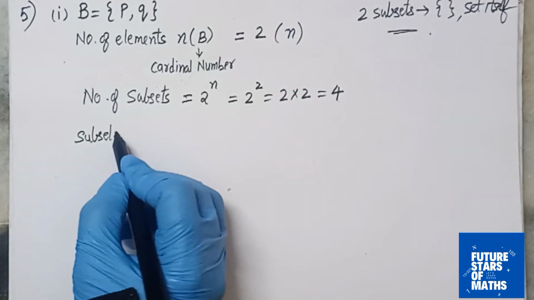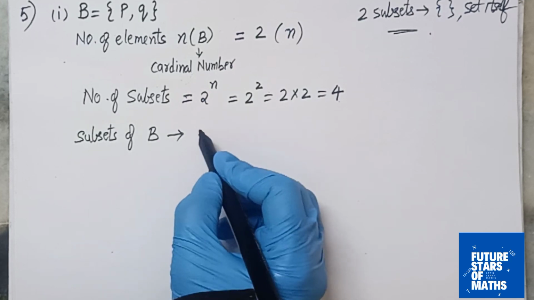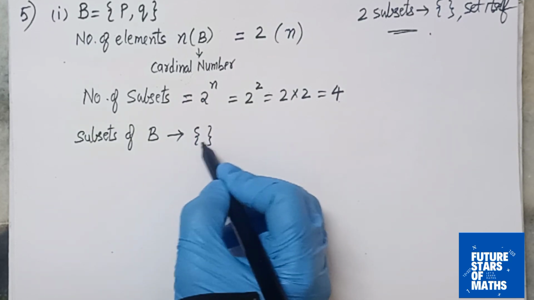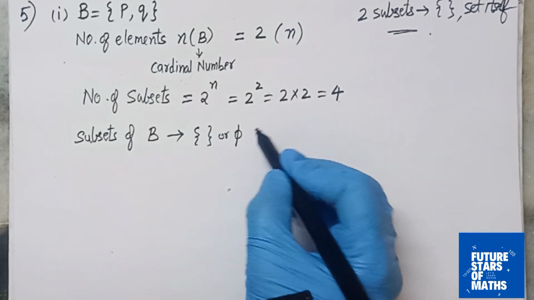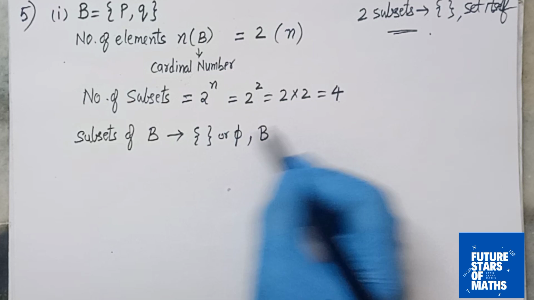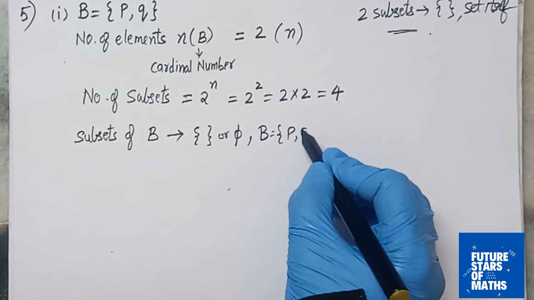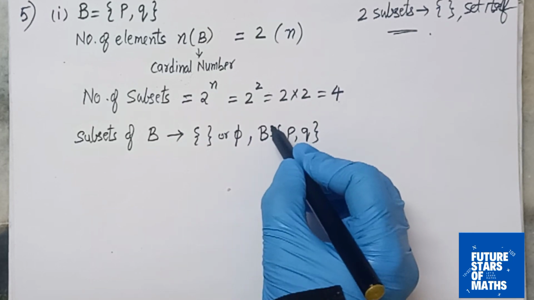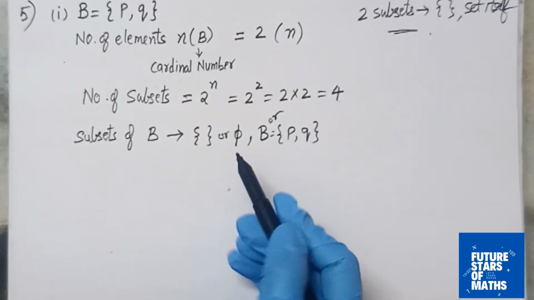So we are going to write the subsets of B. First one will be the null set. You can write it like this or you can also write it with the symbol phi. Then the next set will be the set B itself, that is P comma Q. You can write B or you can write P comma Q also. What are the other subsets we can get?